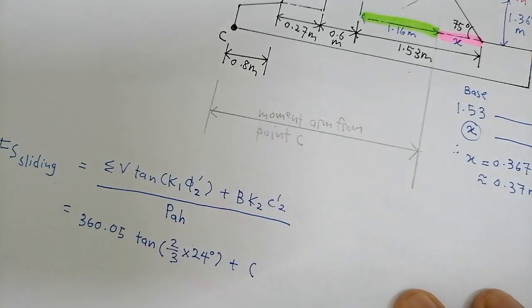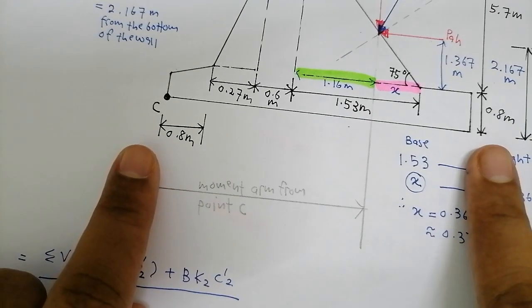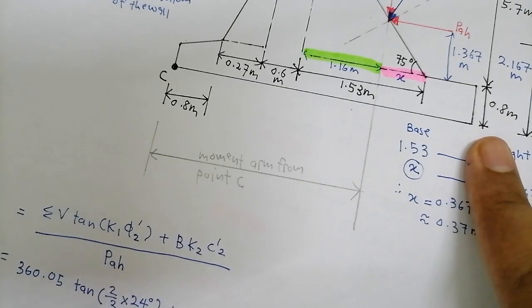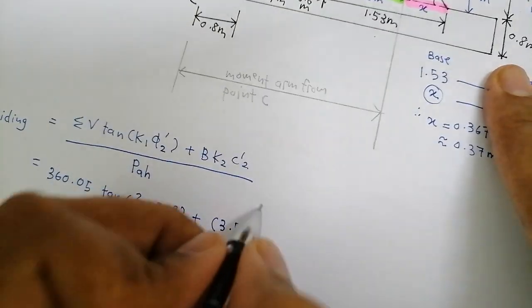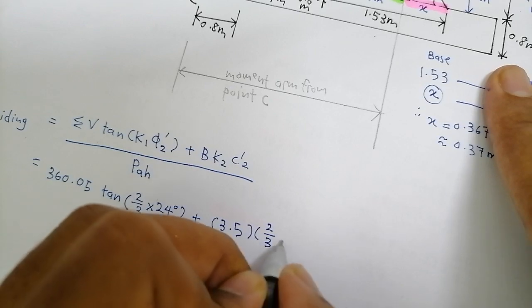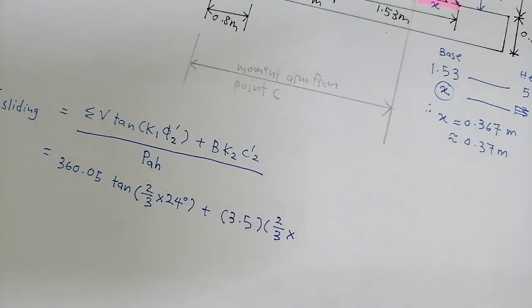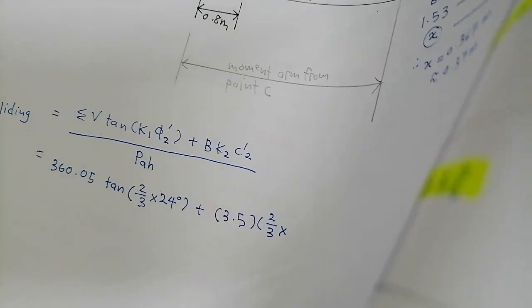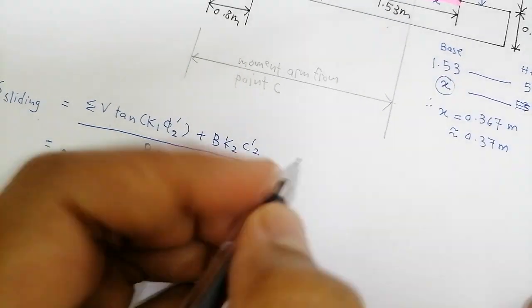Plus B is the base, the total length of the base, which is 3.5, and K2 is 2/3, and C2, the cohesion for soil in layer 2, is 30.